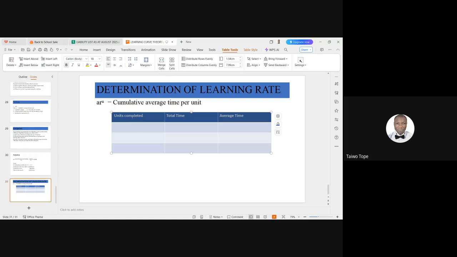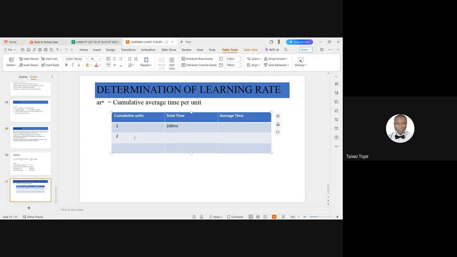Or let me make this cumulative now. Let me say cumulative units. So now, if the first unit is 1, and let's say the total time used is 100 hours. Now, when you double 1, the next will be 2.